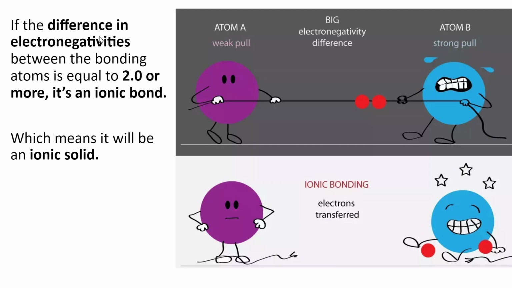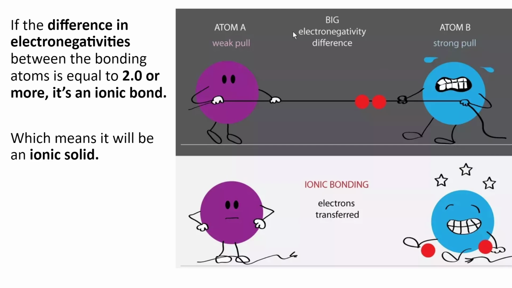If the difference in electronegativities between bonding atoms is 2.0 or more, it's an ionic bond, which means we'd have an ionic solid. So let's have a look at this. Atom A has got a weak pull of these electrons. Atom B has got a very strong pull. So this could be fluorine, this could be sodium, okay, or this could be chlorine and this could be sodium to make sodium chloride.